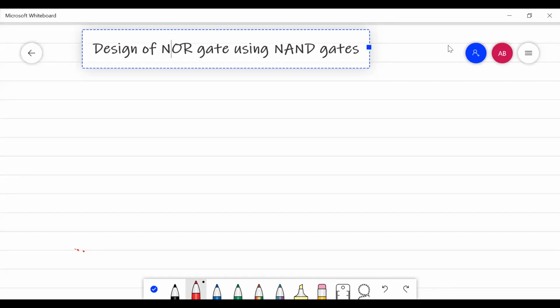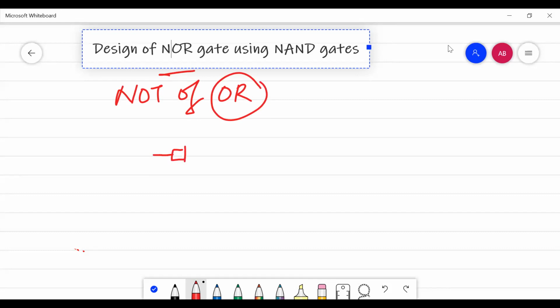So now we come on to the design of our NOR gate. For that purpose, what you basically require is NOT of OR gate. We have just designed our OR gate, that was equivalent to my first NOT gate, then second NOT gate, outputs going to the NAND gate.